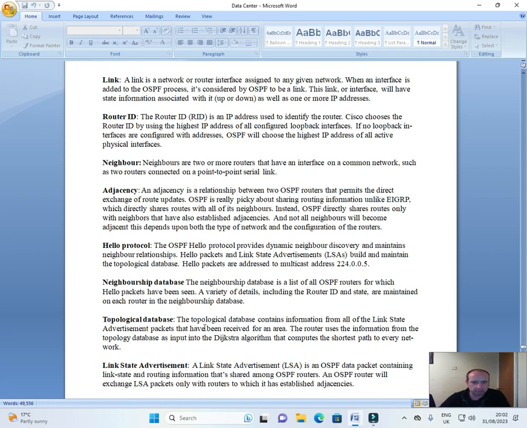Topological database. The topological database contains information from all of the link state advertisement packets that have been received from an area. The router uses the information from the topology database as input into the Dijkstra algorithm, and that computes the shortest path to every network.